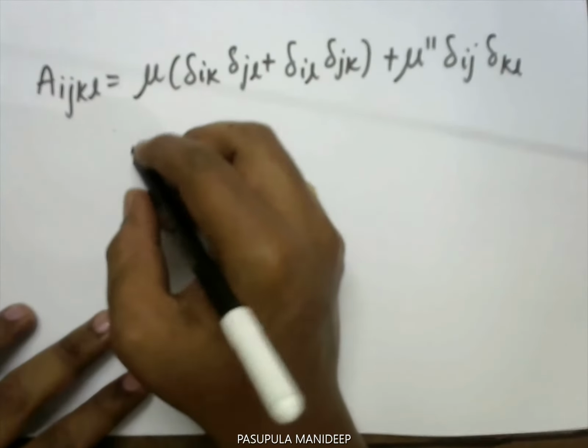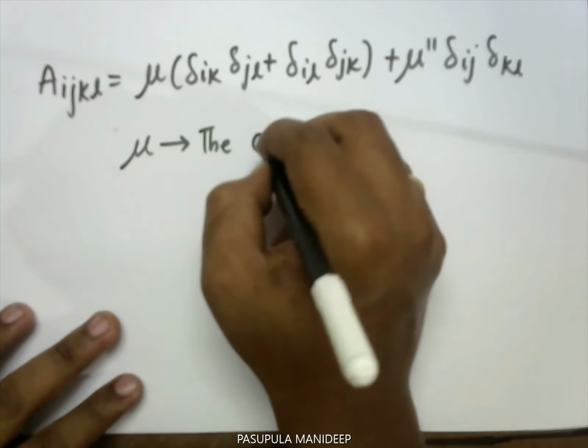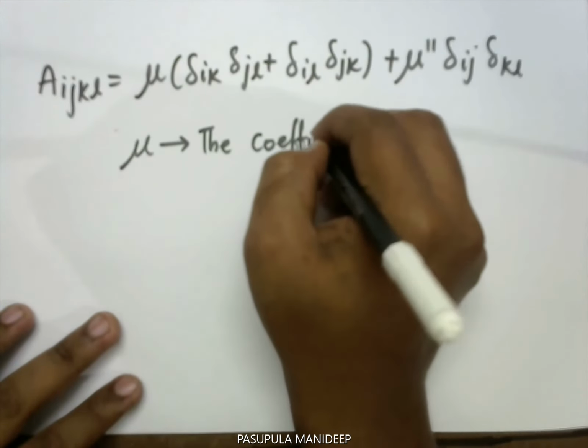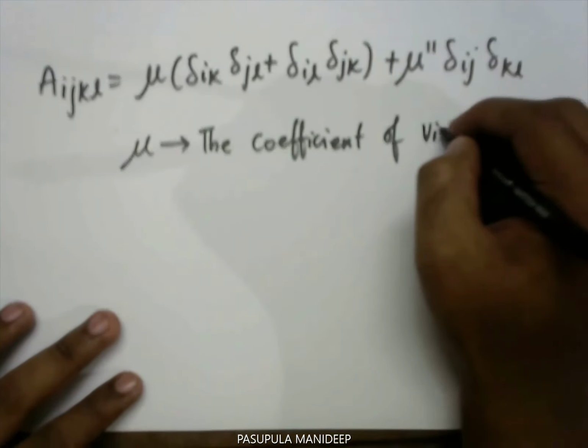Here mu is termed the coefficient of viscosity.